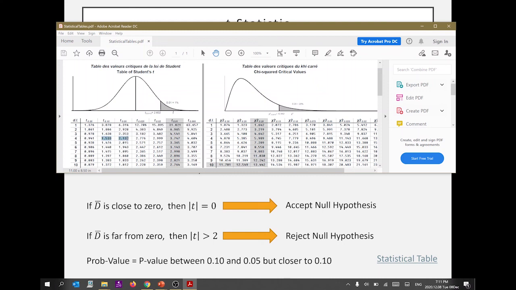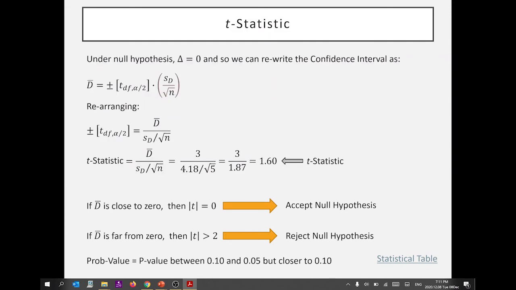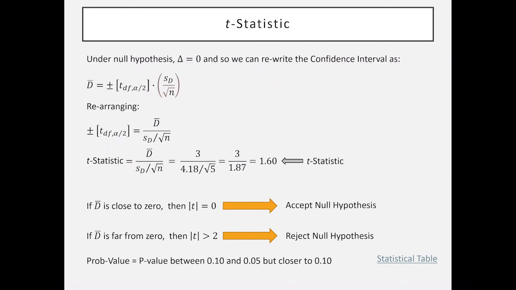You can estimate what the p-value would be, because it must be between 0.1 and 0.05, closer to 0.09 or so. If you use Excel, the T.TEST function will tell you exactly. I did that here, and it comes out to be 0.092, or 9.2%.